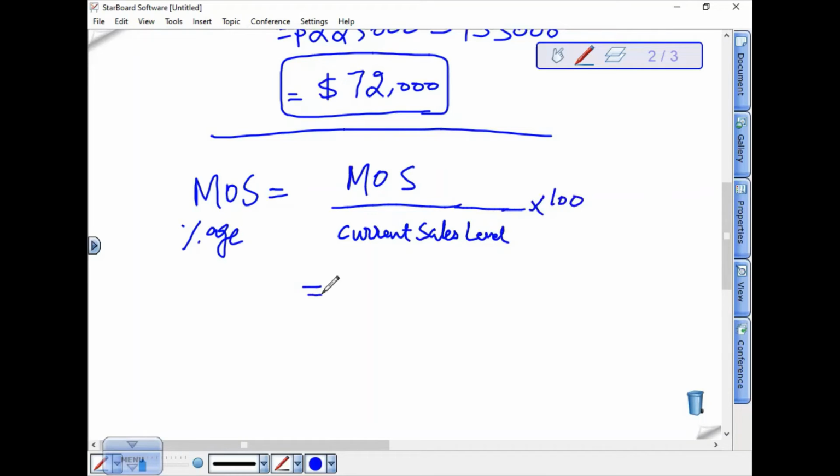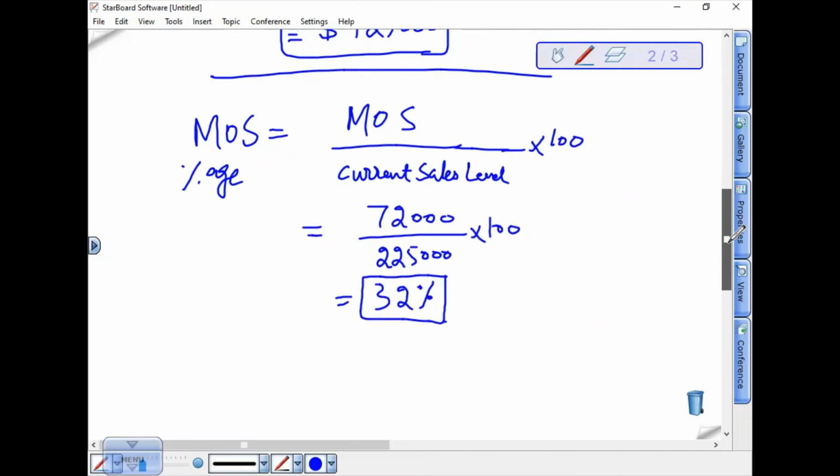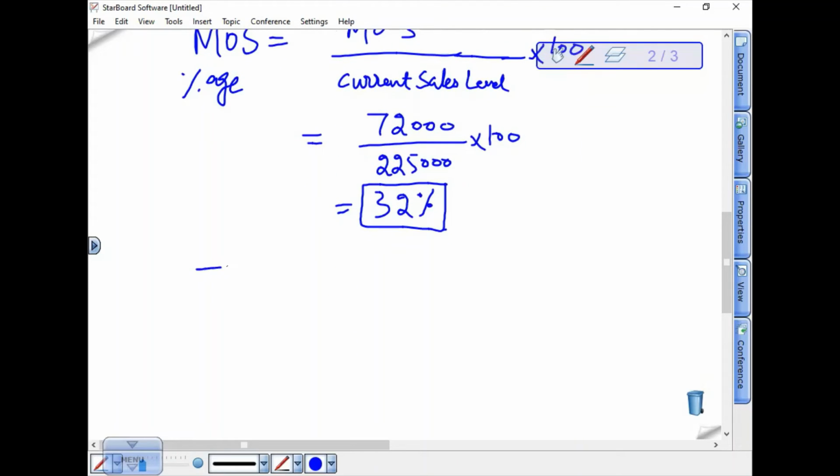So our margin of safety is $72,000 and our current sales are $225,000, and you can multiply this with 100. So 72,000 divided by 225,000 times 100 gives you 32%. So from our current sales, we can decline up to 32%. That is margin of safety interpretation.